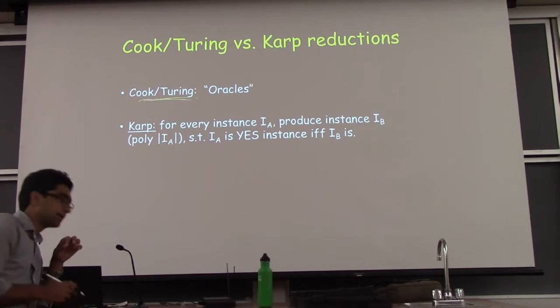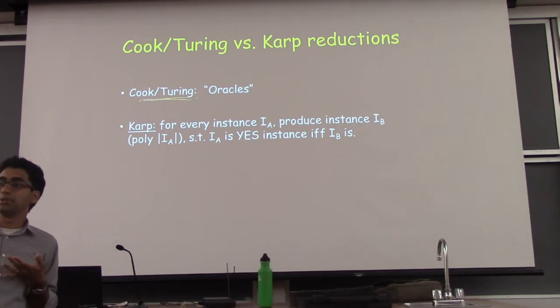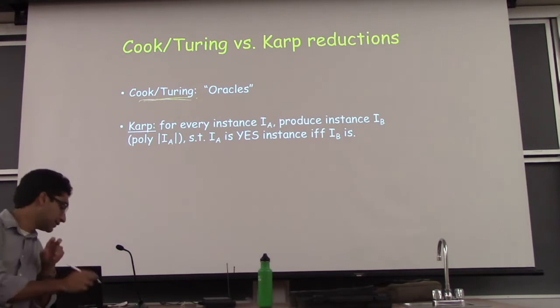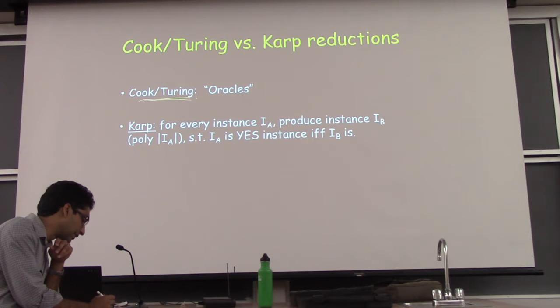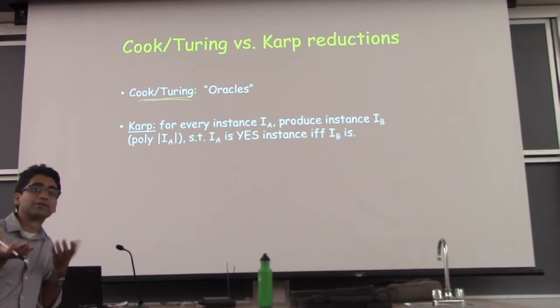Here it's a notion of, suppose you had a black box which we call an oracle for solving B, then you also show how to solve A. And the difference between Karp and Turing reductions was basically that you could make multiple calls to this oracle.